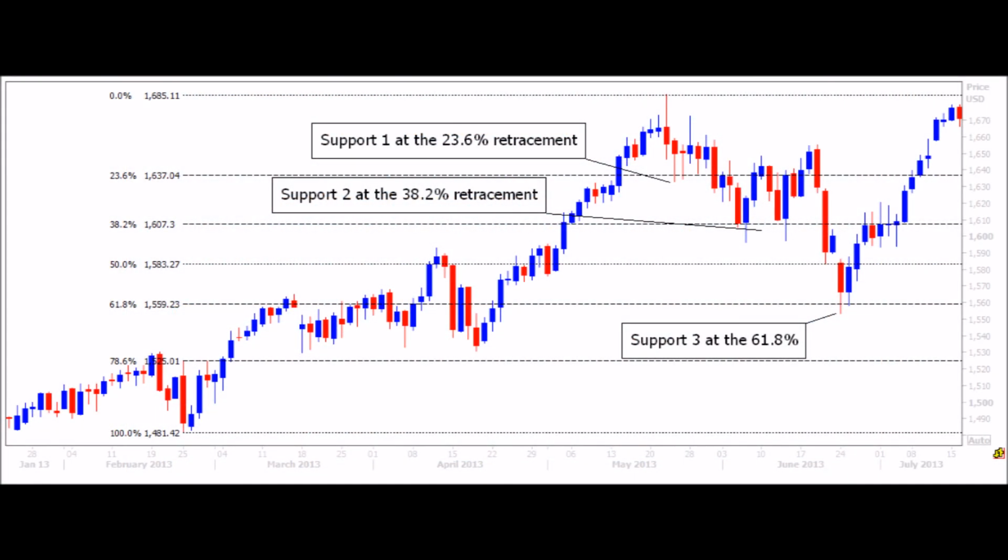In the example above, you can see how the price initially held support 1 at the 23.6% Fibonacci level. Buying here would have returned a nice short-term profit on several occasions. However, eventually a break lower targets the next support, number 2, at the 38.2% Fibonacci level.